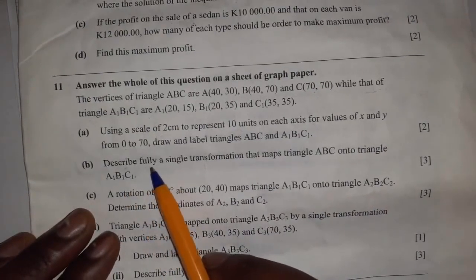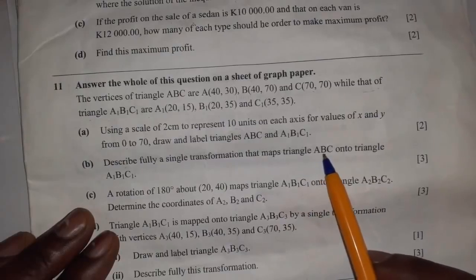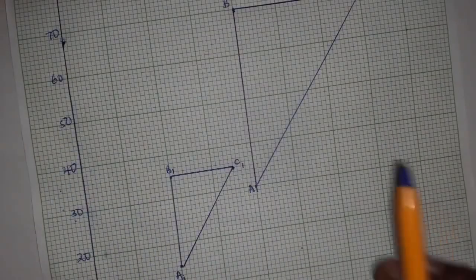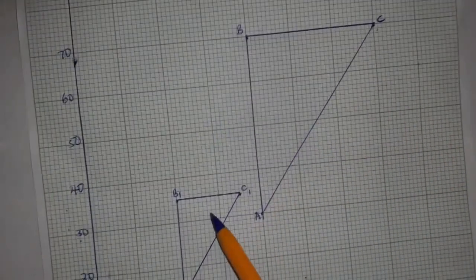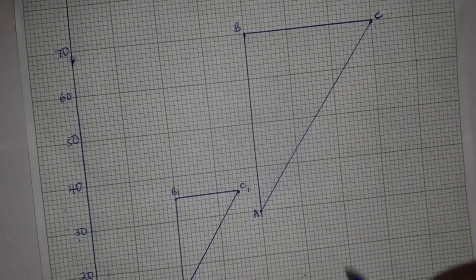Describe fully a single transformation that maps triangle ABC onto triangle A1B1C1. So triangle ABC is mapped onto this one. So what is this transformation?